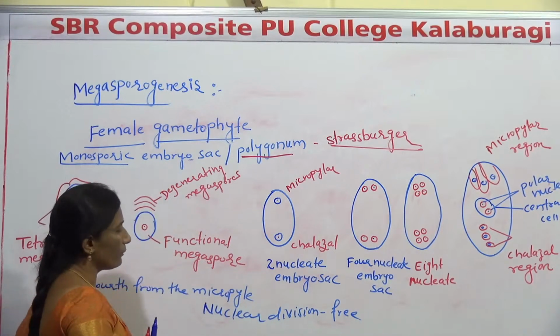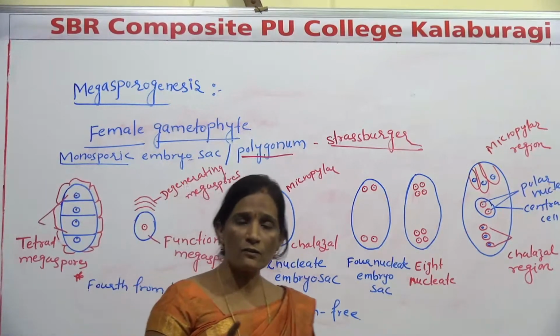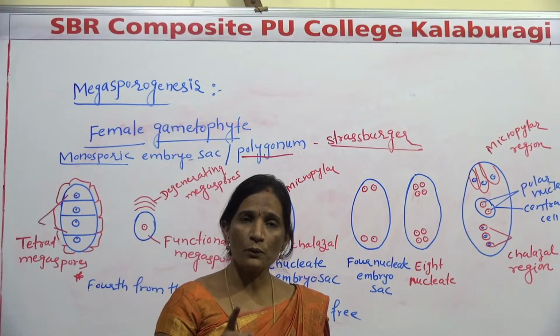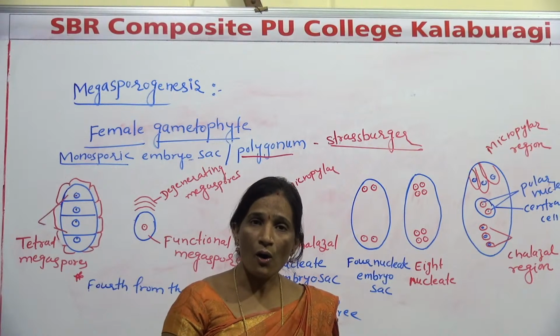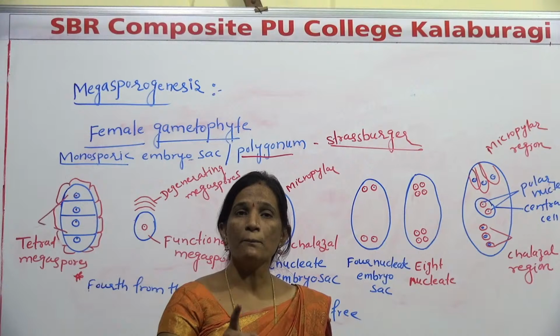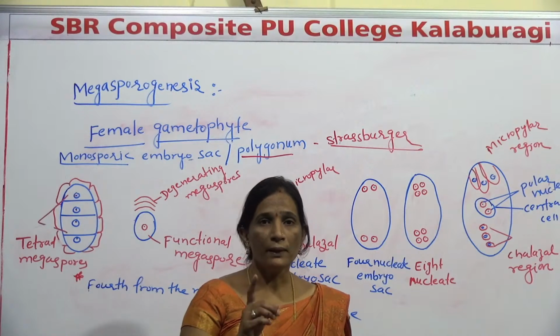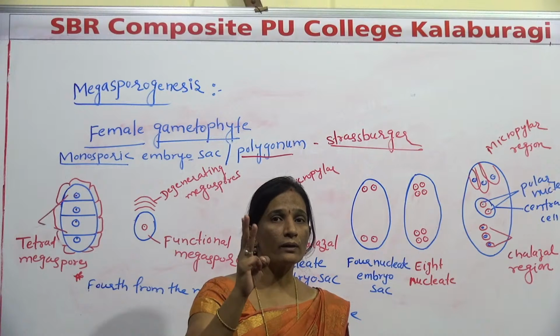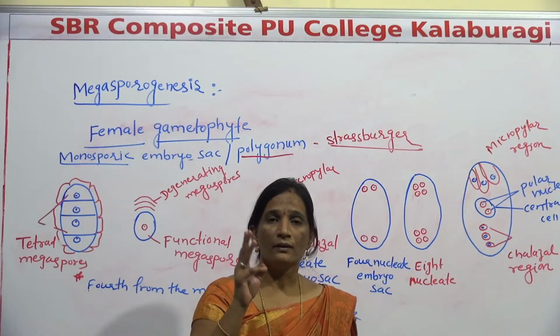A very important point is here. The megaspore mother cell undergoes how many mitotic divisions to produce the embryo sac? Understand here.